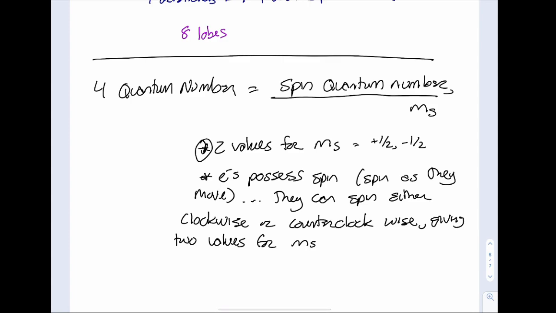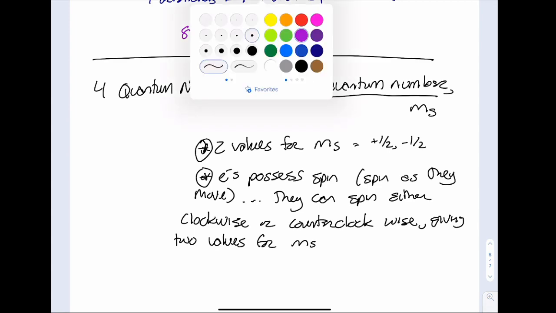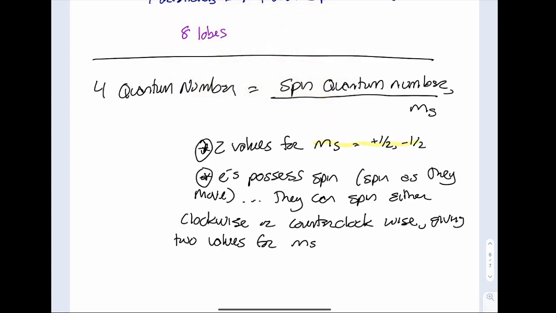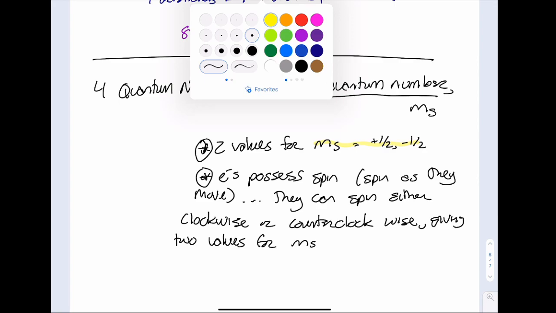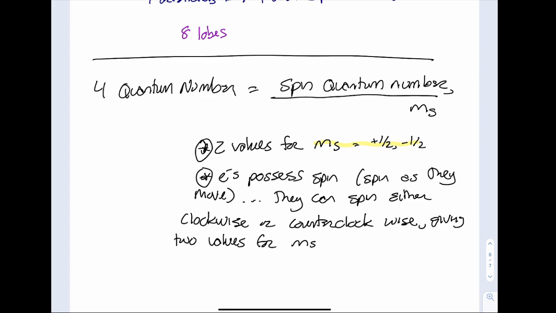So only 2 values because they can only spin in 2 directions, clockwise or counterclockwise. And then those 2 values again were either plus 1/2 or minus 1/2. Again, it doesn't really matter which is which, just know that they do have 2 different values.